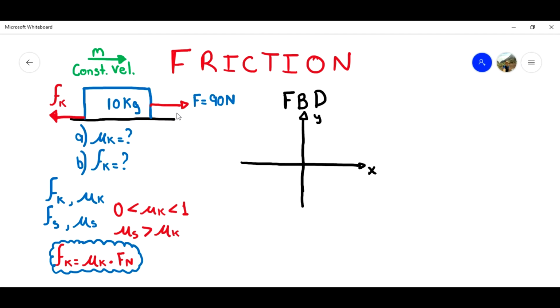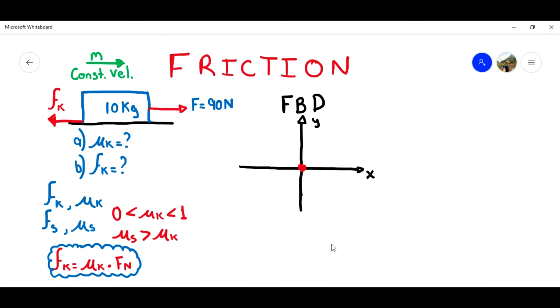In the middle, in the origin, I'm going to draw just a dot that will represent a particle to simulate the block. So let's draw the forces. Remember that there is always going to be a force that is not drawn in the picture, but we know that it is there, and it is the weight. It points to the center of the earth, and it's over here. That's the weight.